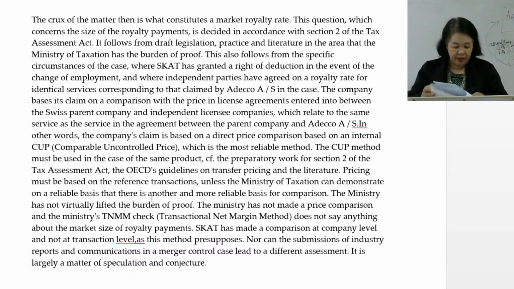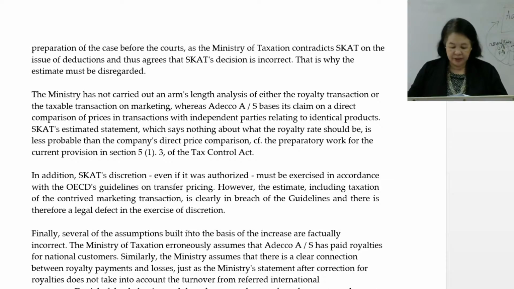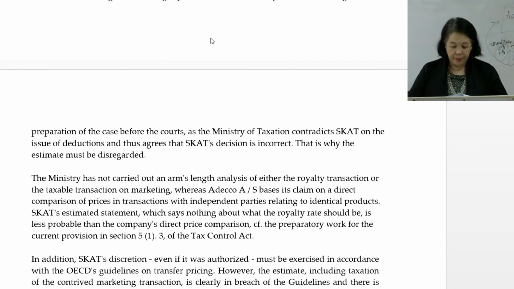Finally, several of the assumptions built into the basis of the income are factually incorrect. No? So the Ministry of Taxation erroneously assumes that Adecco AS has paid royalties for national customers.